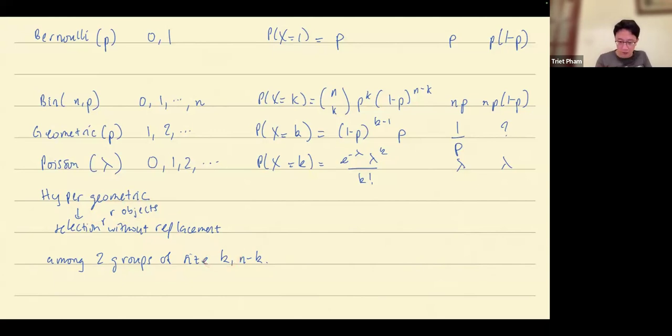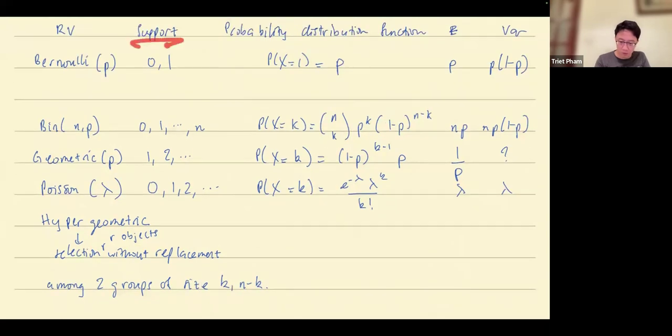So clearly the support, the values you can take, depends on r and k. So the number of blue balls that can show up in the selection will be at most the minimum of r and k. Of course the smallest one can be 0, but the biggest one depends.